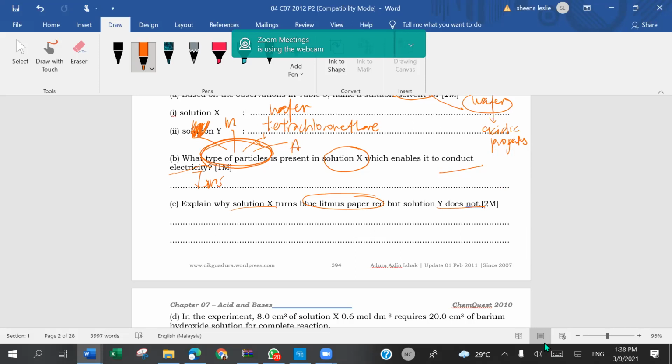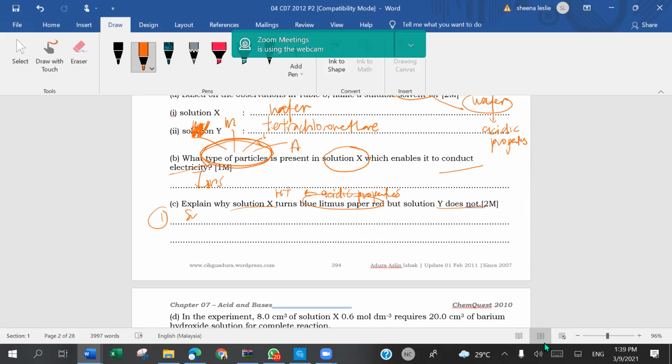You see, I want to teach you. Solution X can turn blue litmus paper red. That means it is showing its acidic properties. Why is it showing its acidic properties? Presence of hydrogen ion. Very good. My answer must have hydrogen ion.